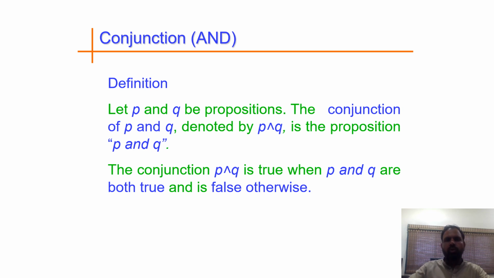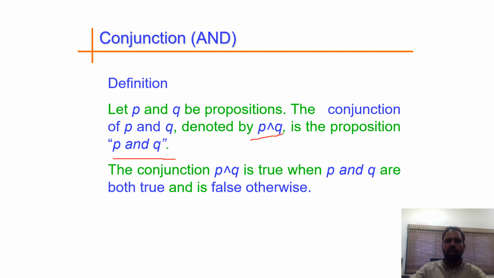Let P and Q be propositions. The conjunction of P and Q, denoted by P and Q, this is the notation, is the proposition P and Q. In English sentences we can write this, in discrete structures we can write in this form: P and Q. The conjunction P and Q is true when P and Q are both true, and is false otherwise.